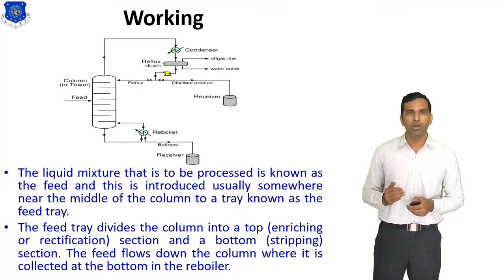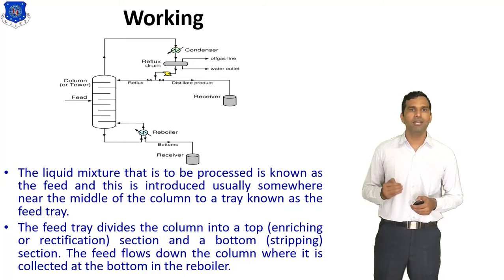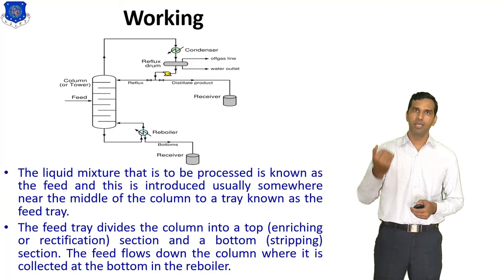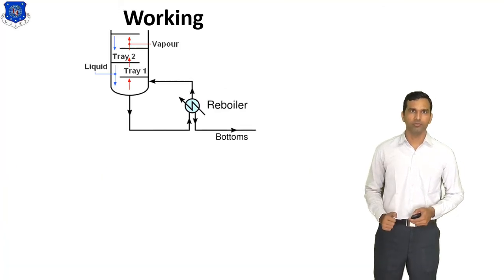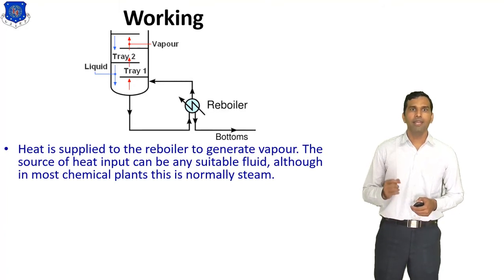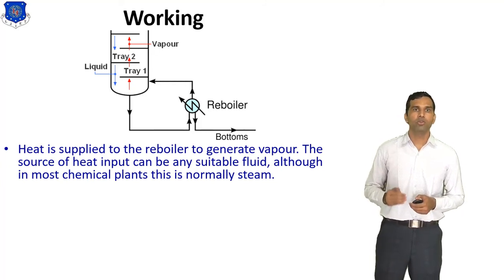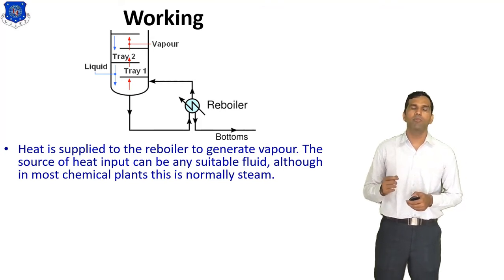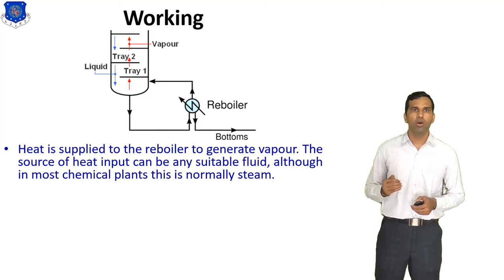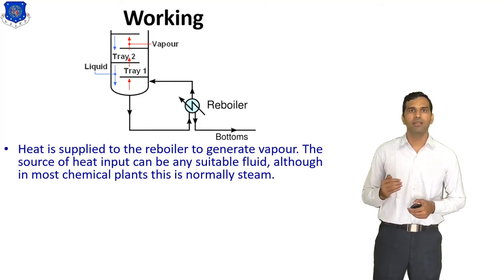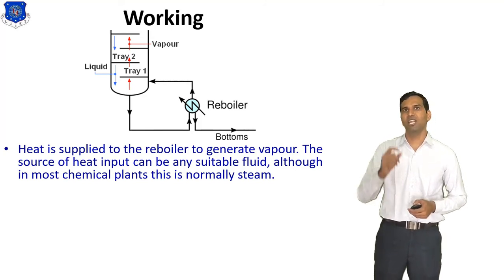The feed flows down the column where it is collected at the bottom in the reboiler. Heat is supplied to the reboiler to generate vapor. The source of heat input can be any suitable fluid, although in most chemical plants this is normally steam.